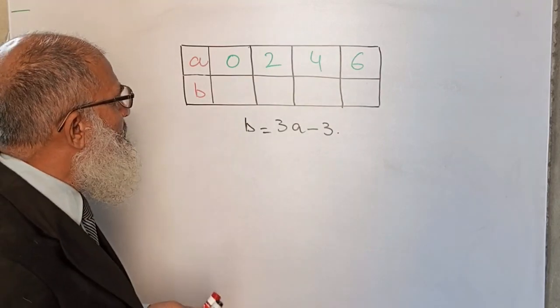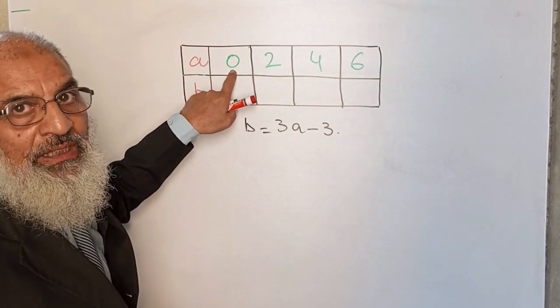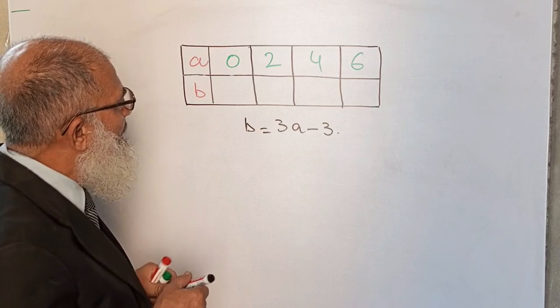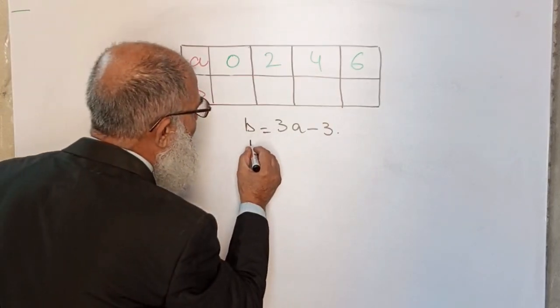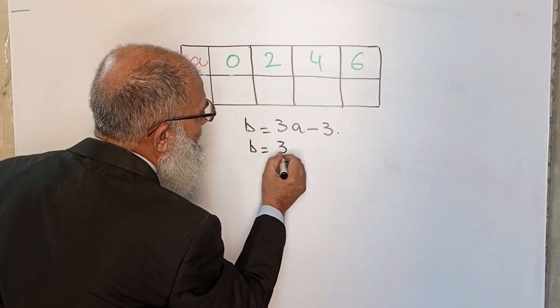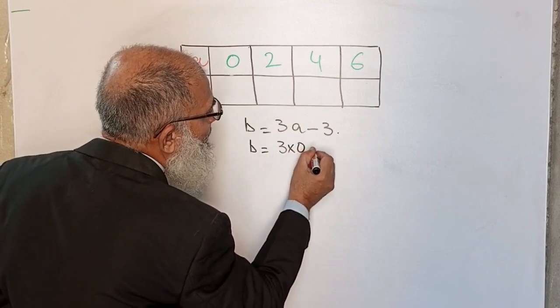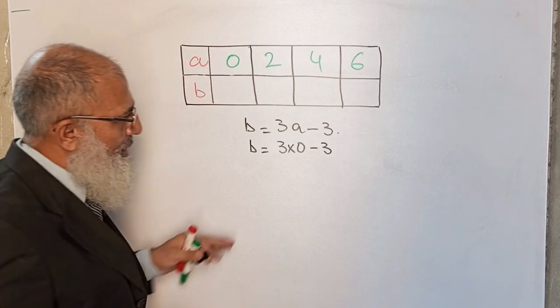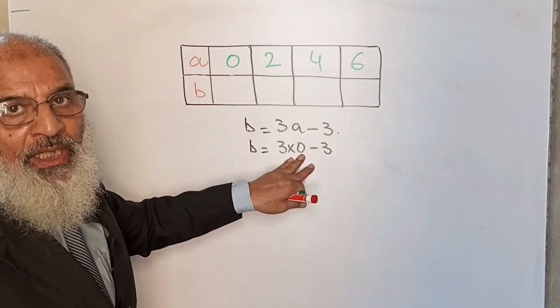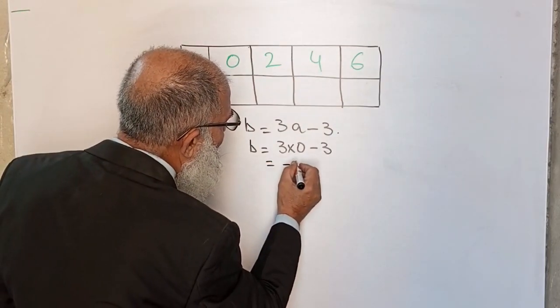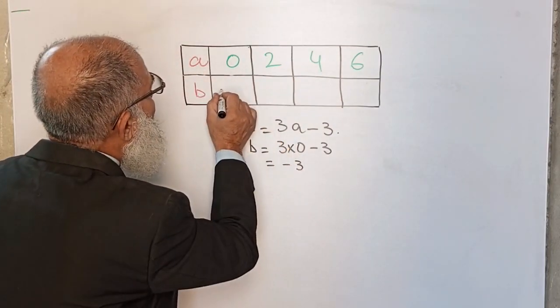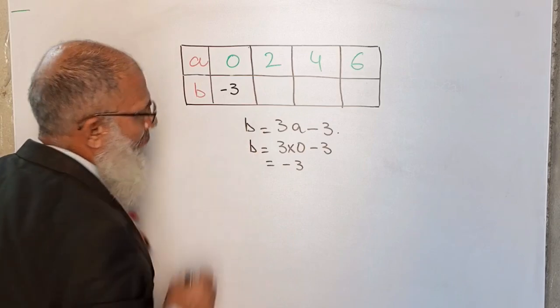So we start from 0. When 0 is substituted in this equation, what we get for B is 3 multiplied by 0 minus 3. Anything multiplied with 0 will become 0, so it will remain as minus 3. So we will write here minus 3.